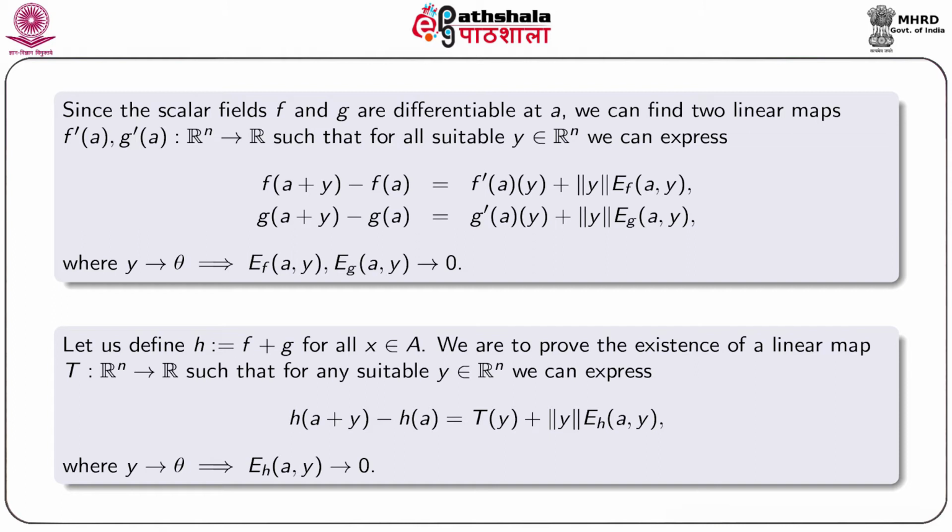We take the help of a new function, say h, whose domain is A, and h is nothing but f plus g defined with the help of the pointwise principle.